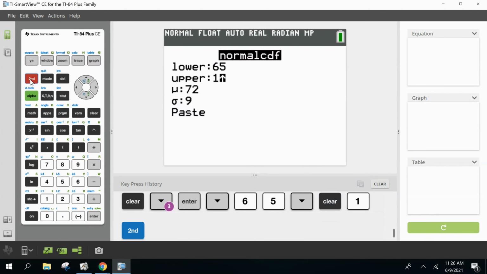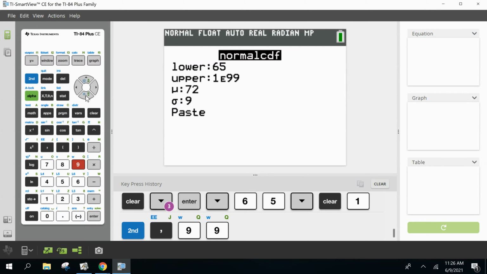That's what you want. Second E, 99. That is the highest number your calculator can handle. Basically 1 followed by 99 zeros. So that's 65 and above we just typed in.